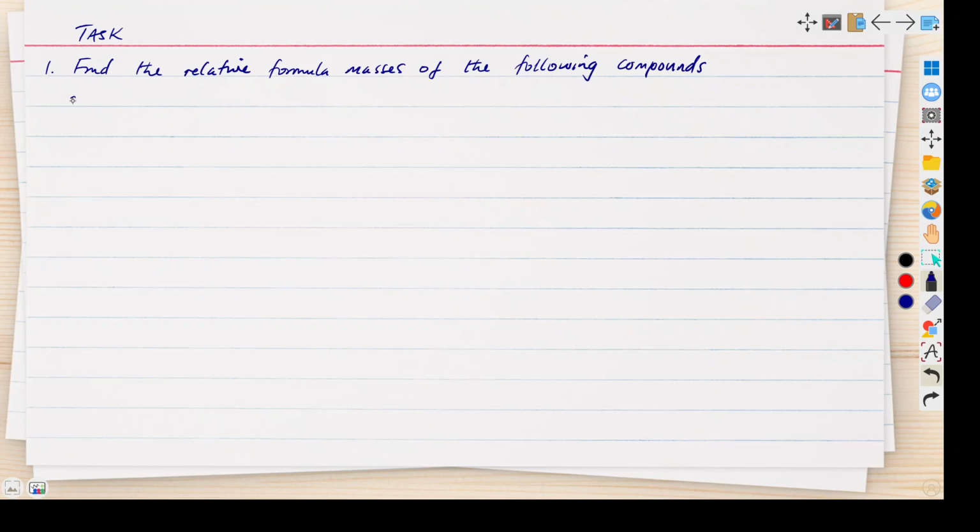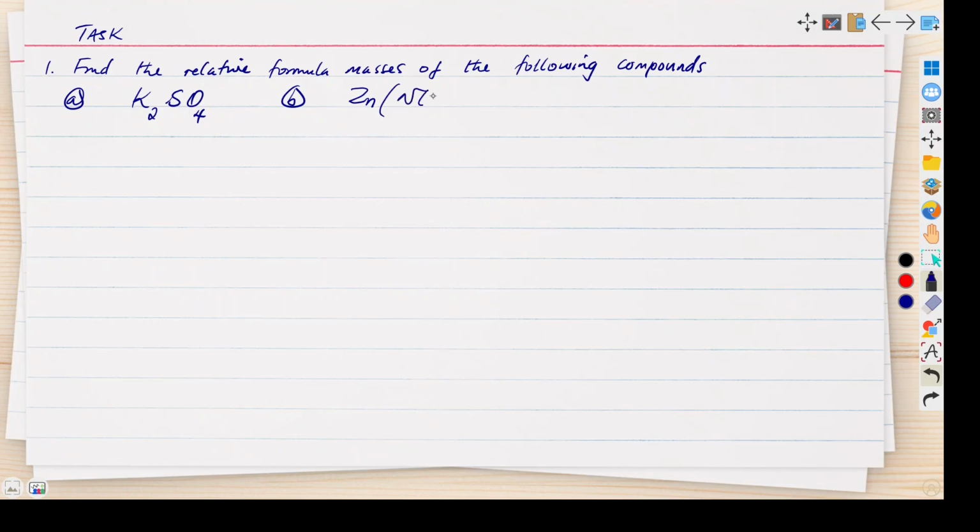A, you have potassium sulfate, K2SO4. Then B, you have zinc nitrate.